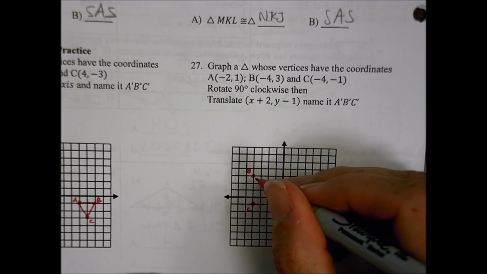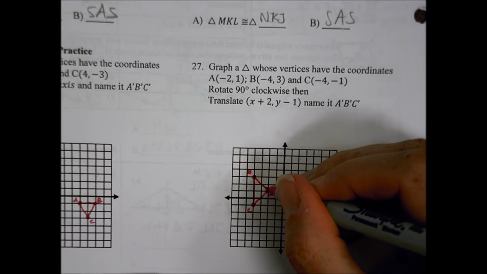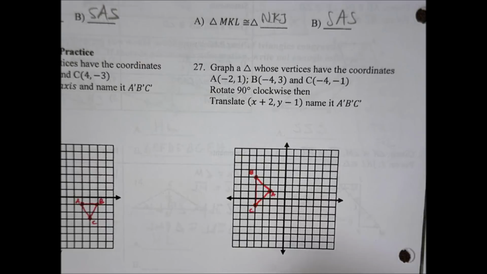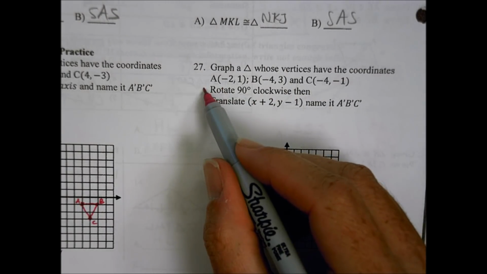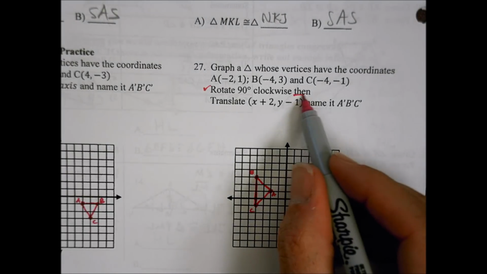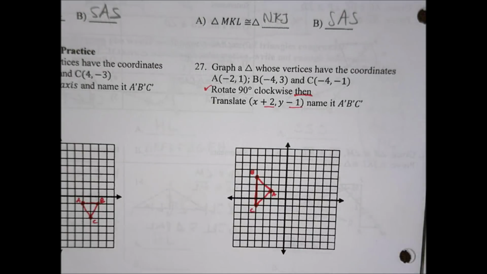So my triangle looks like this, okay? Good so far. Now the next step, it says, is we're going to rotate 90 degrees clockwise, then translate it with a +2 and a -1. Okay, so let's do this here.